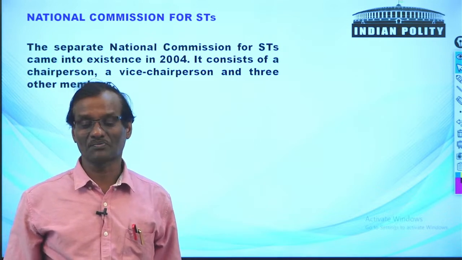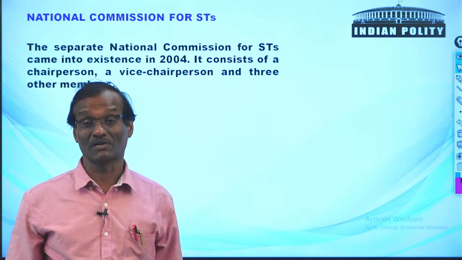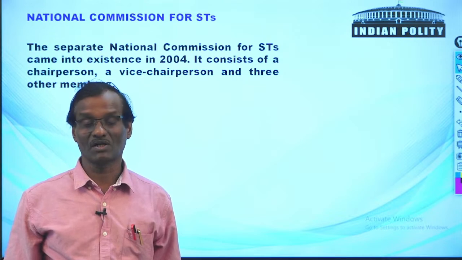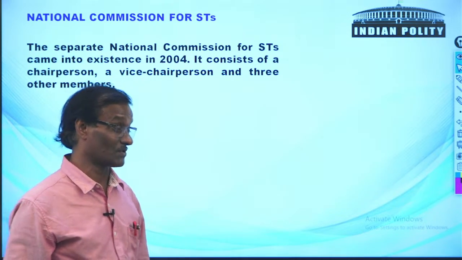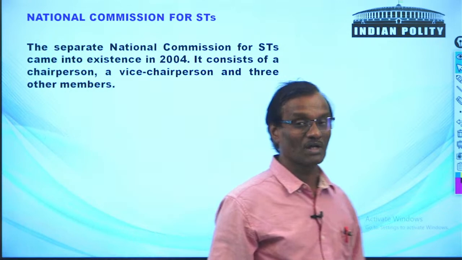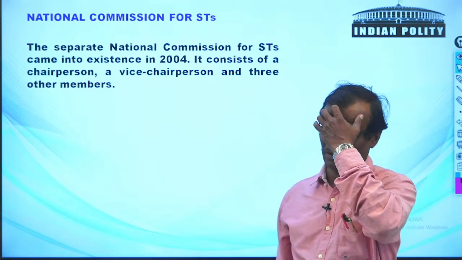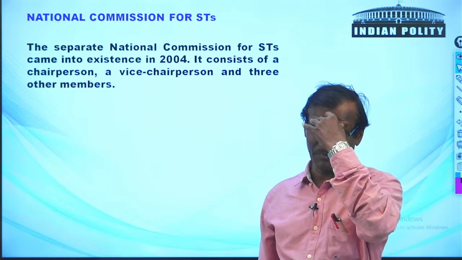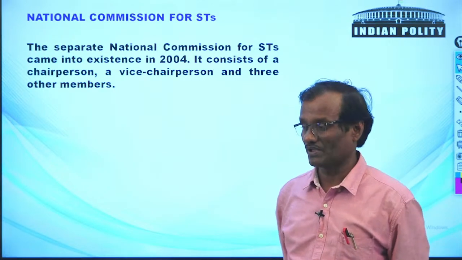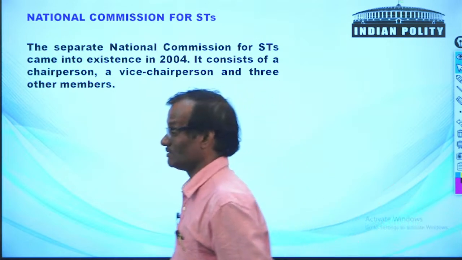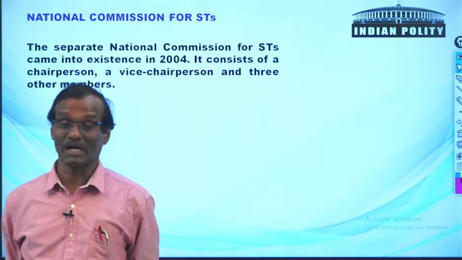So a lot of tribals are spread across the country, and for the welfare of the scheduled tribes, without hampering their traditional culture, their community practices, or their way of life, the development of ST is to be devised.